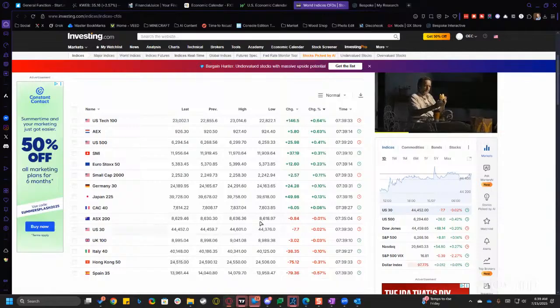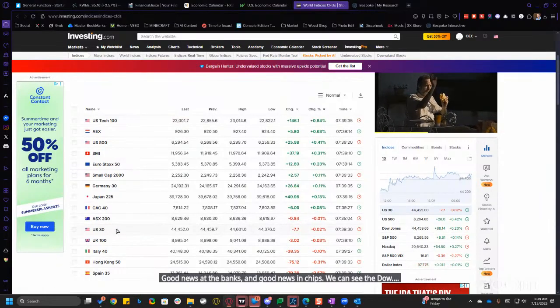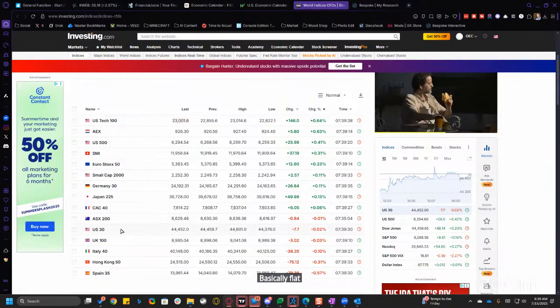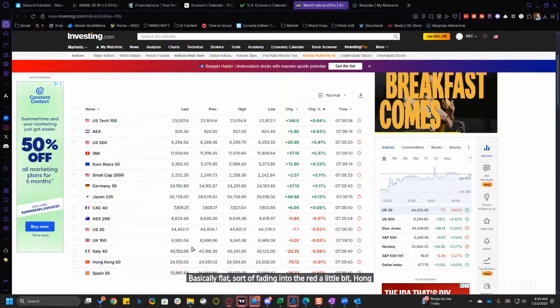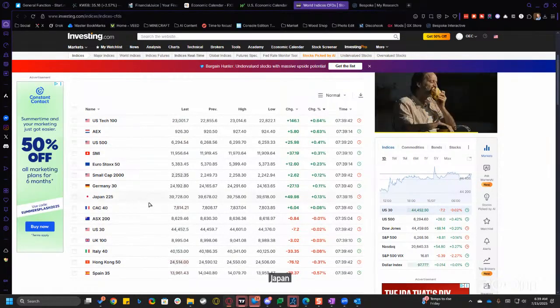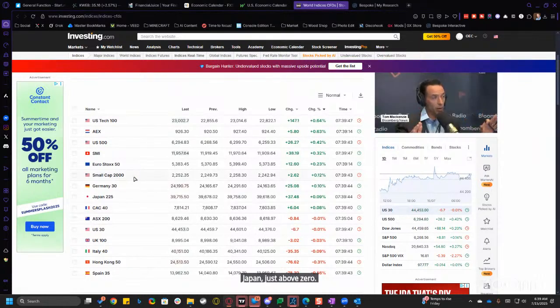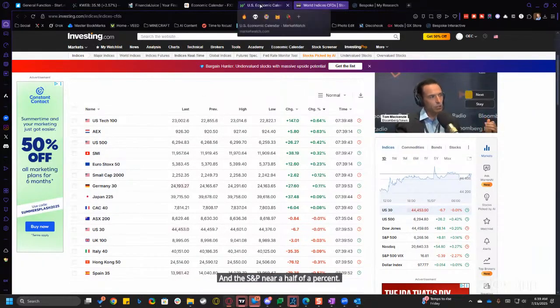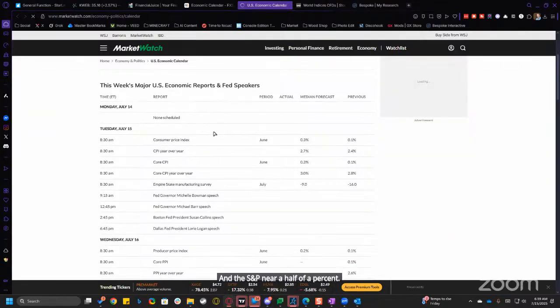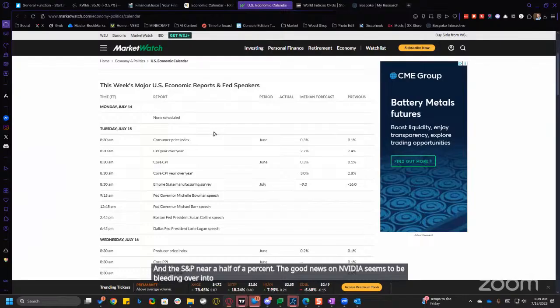We can see the Dow basically flat, sort of fading into the red a little bit. Hong Kong down 0.25%. Japan just above zero, hanging out with small caps. And the S&P near 0.5%. The good news on NVIDIA seems to be bleeding over into the other chips as well.